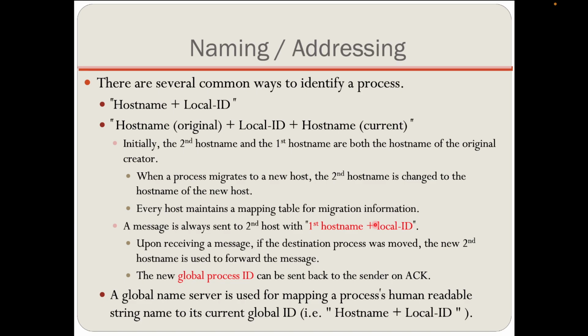But if you delete any of these records, then the message may not be able to forward to the process. So the problem is that the safest way is you keep the record there until the process terminates.